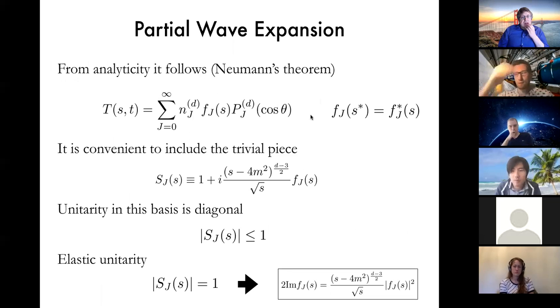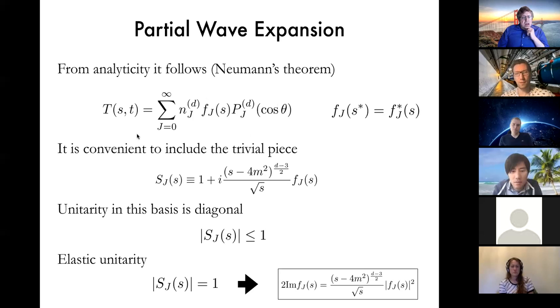If you remember, the T of S and T obeyed real analyticity, and these f_j are known as partial waves. They also obey the property that f_j of S star is equal to f_j star of S. Why is this basis nice? It diagonalizes a symmetry of the problem, which is rotation invariance. Unitarity becomes very nice in this basis.